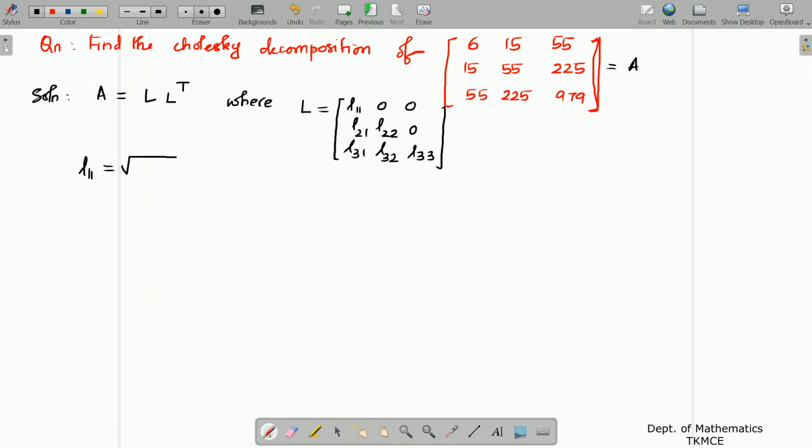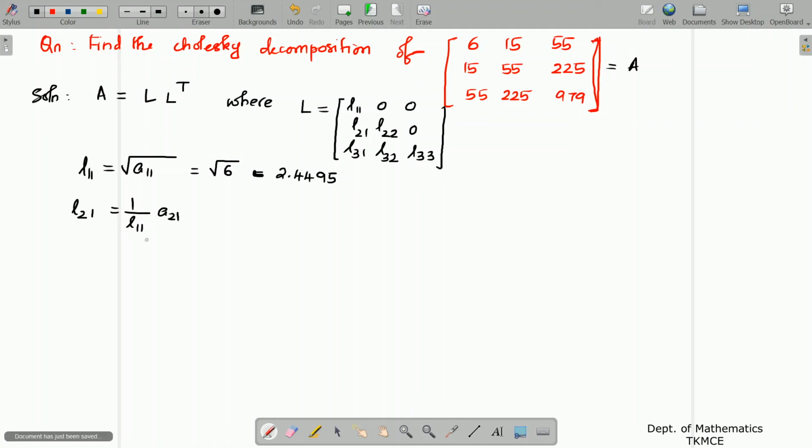Now L11 is square root of A11. Square root of A11 is square root of 6 and its value is 2.4495. Then L21 is 1 by L11 into A21.